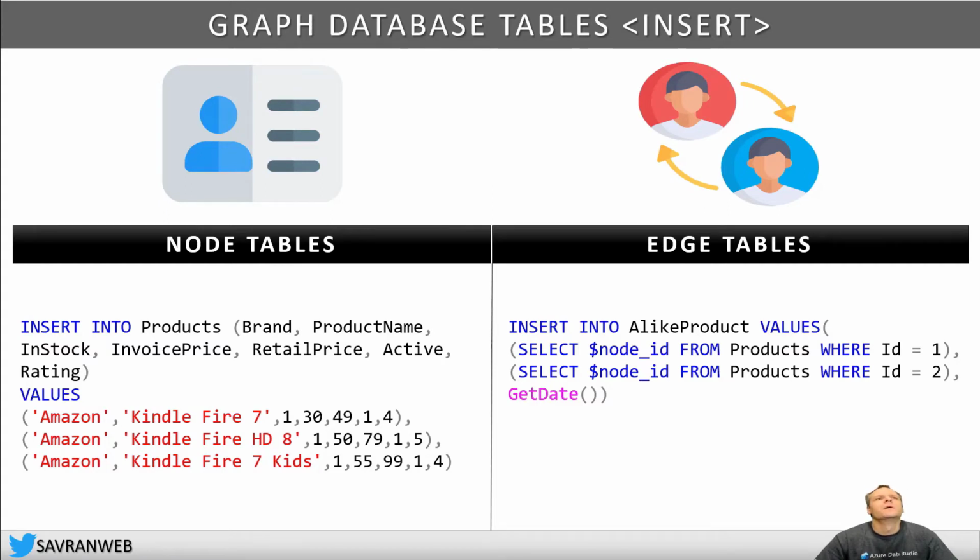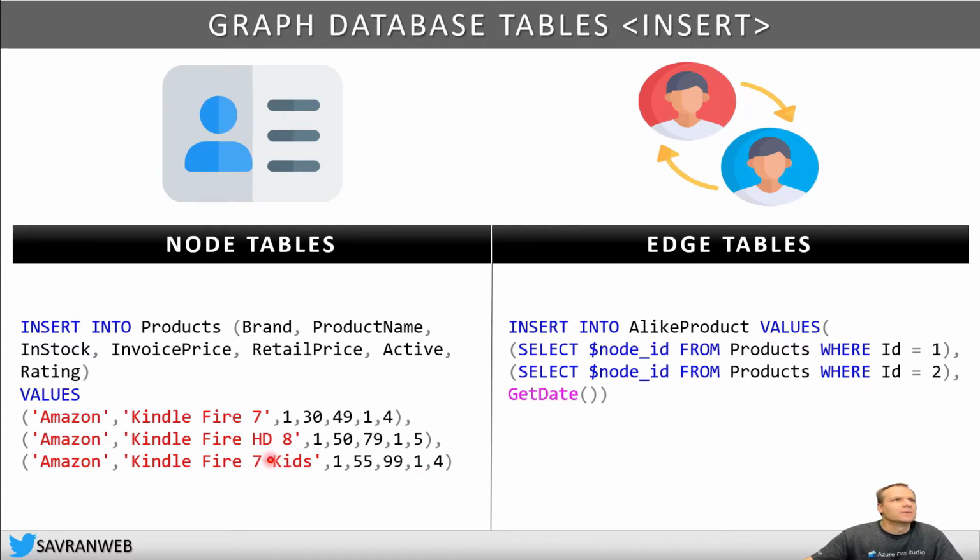I just put it out there as an example. So in the like product table, just like the user example I gave you, Alec likes Anna, in this case I am getting the product's node ID and putting that in the from ID. That is the first one here, as you can see, and my to ID is going to be the second product, which is the 2.